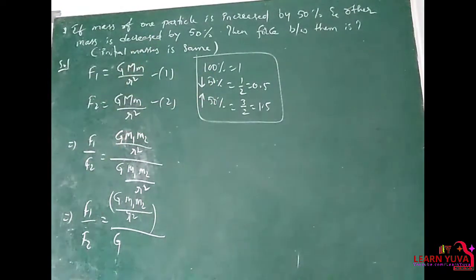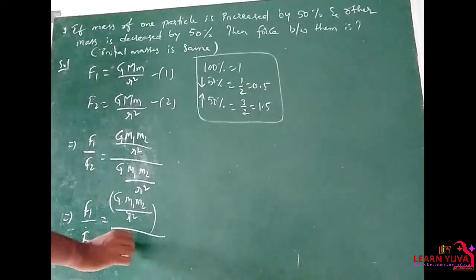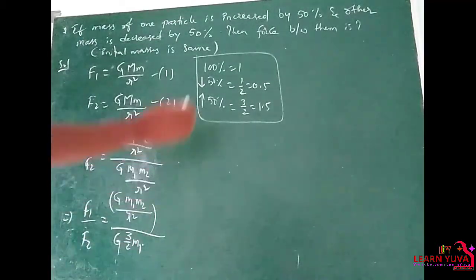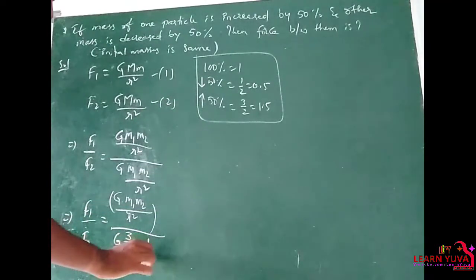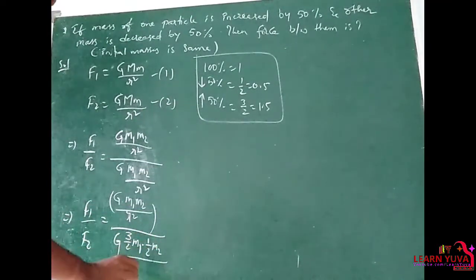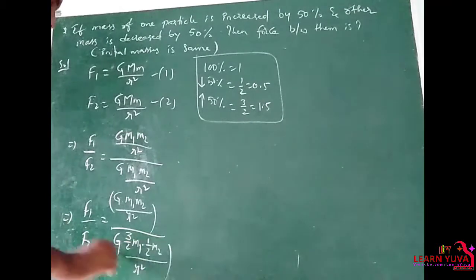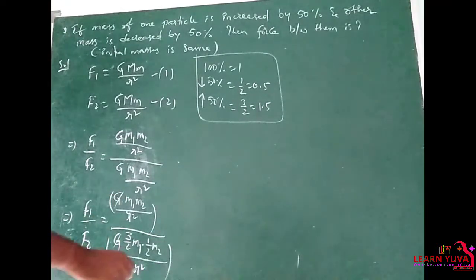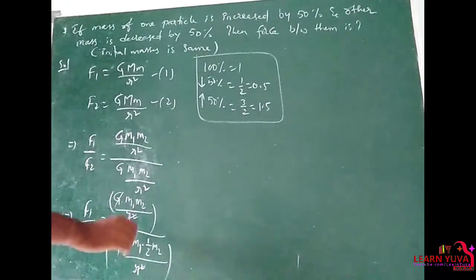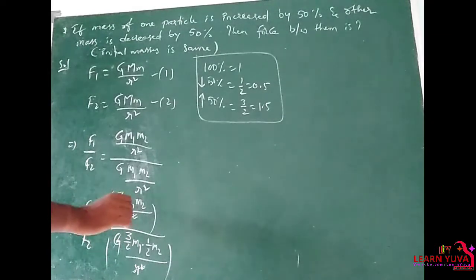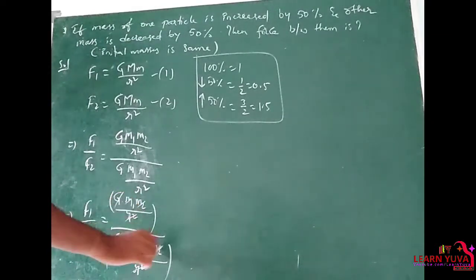So one mass is increased, so 3 by 2 m1, and one mass is decreased, so 1 by 2 m2 by r square. So here G gets cancelled, r square gets cancelled, m1 m2 gets cancelled.